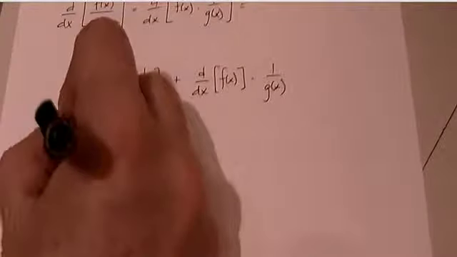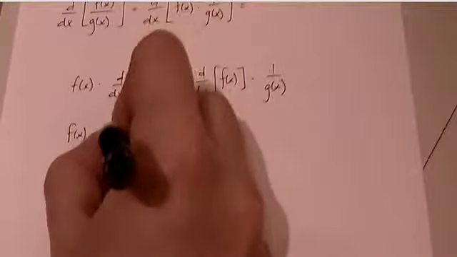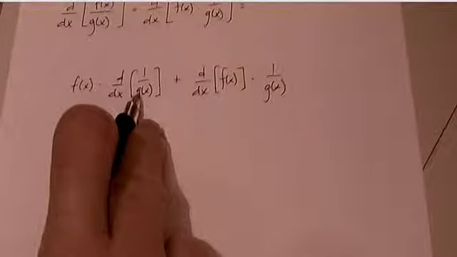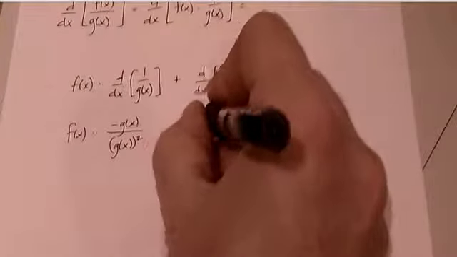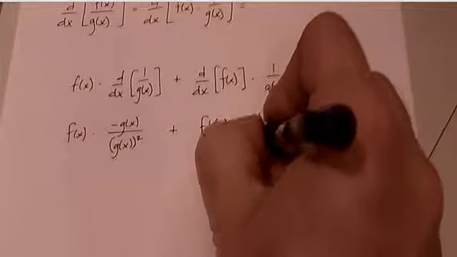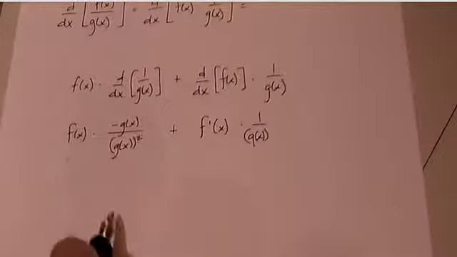Okay, well, f of x times negative g prime of x over g of x squared, since we just derived the formula for that, plus f prime of x times 1 over g of x, okay? Now here's the thing. What I need to do now is to get a common denominator.